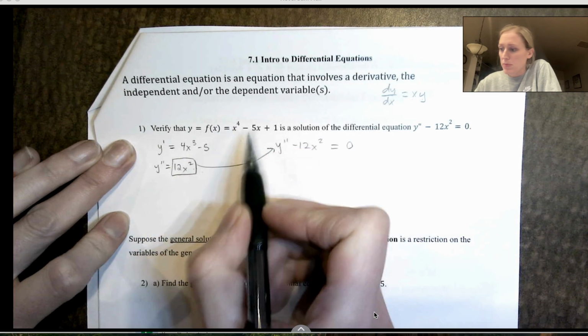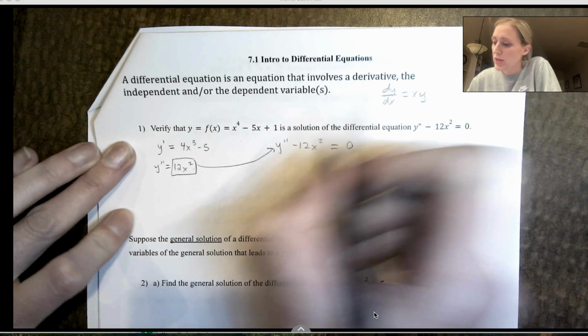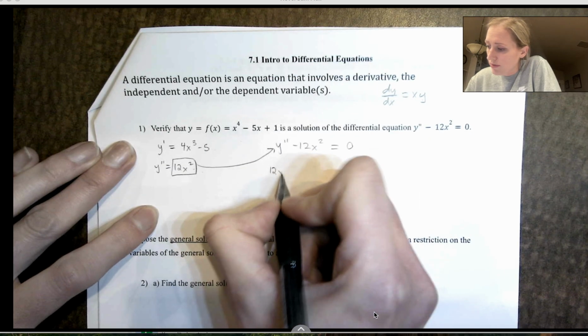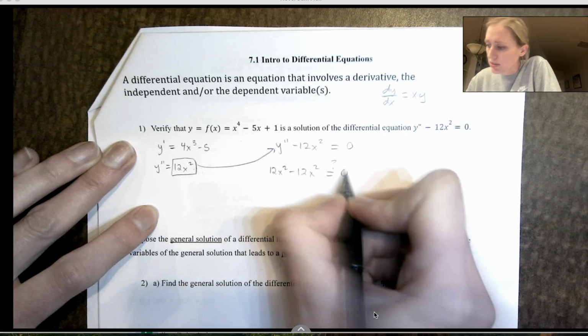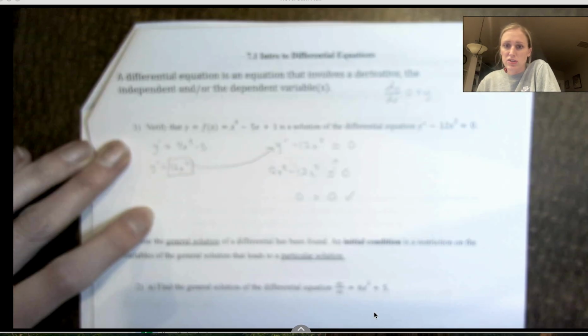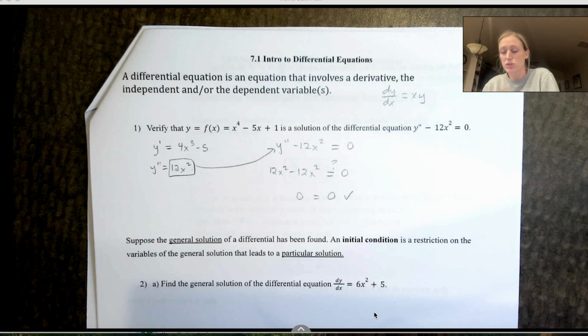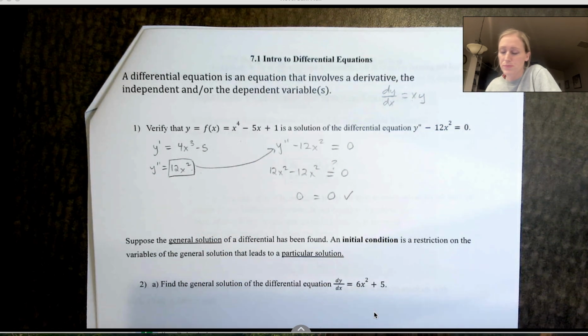Because this is completely based off of this being a solution. If it's not a solution, then this will not be true. So I'm going to go ahead and substitute that in, 12x squared minus 12x squared, and we're asking ourselves, does that actually equal 0? Yes, it does. So that means this is a solution. We just verified that by substituting in something based on this y into this differential equation.